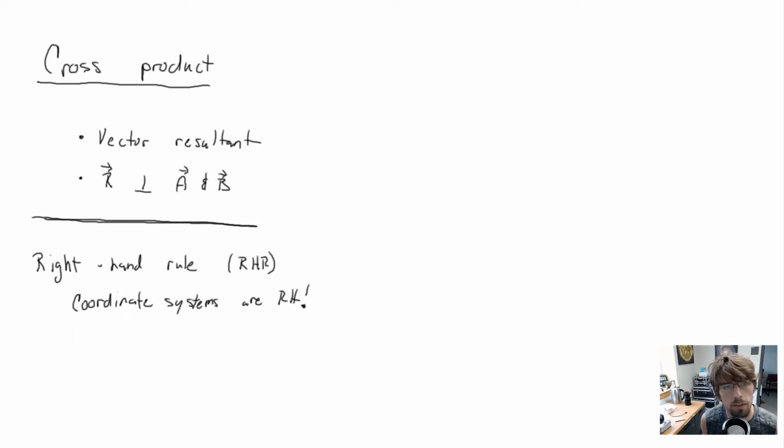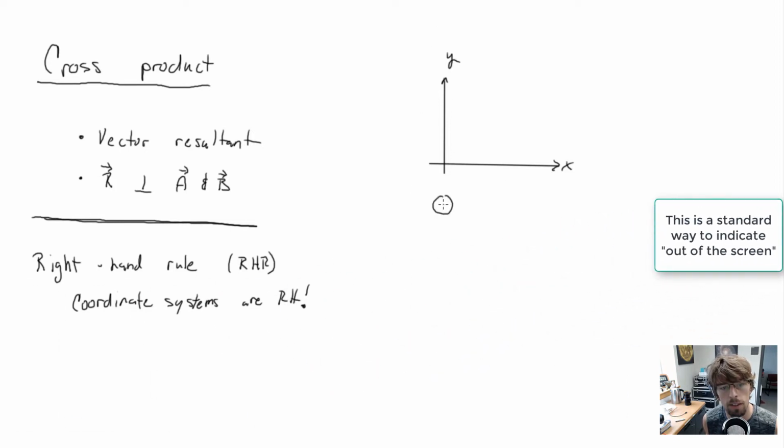Let's take a look. Say this is my x direction and this is my y direction. If y is up and x is to the right, there is only one direction that z can be, and we can use the right-hand rule to figure out which way. If x is to the right and y is up, then z will be out of the board.